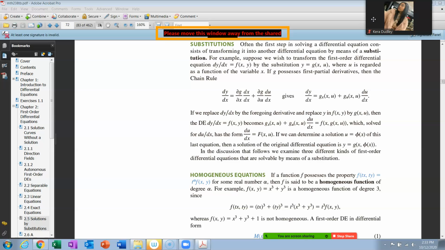So we're going to look at some of the possibilities there. We covered this first paragraph last time. Often the first step in solving a differential equation consists of transforming it into another differential equation by means of a substitution, and then maybe that new equation we will be able to solve using one of our other techniques or maybe some new techniques.